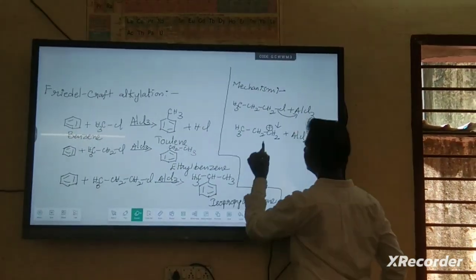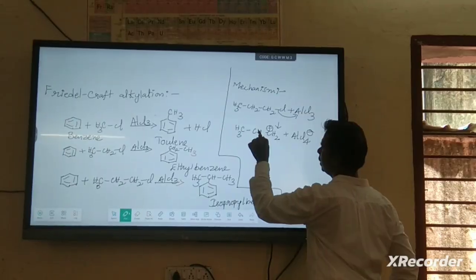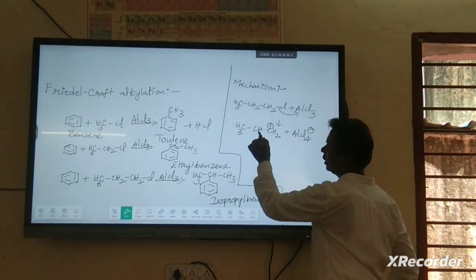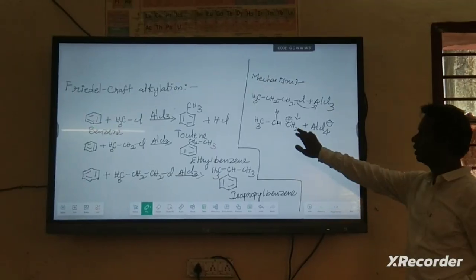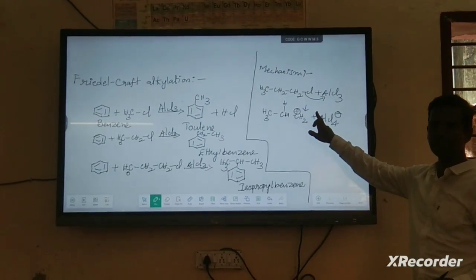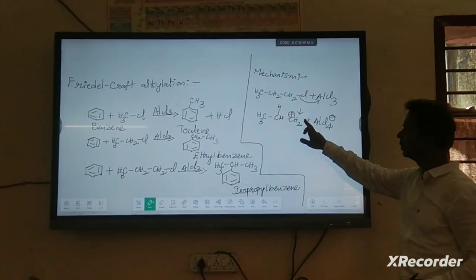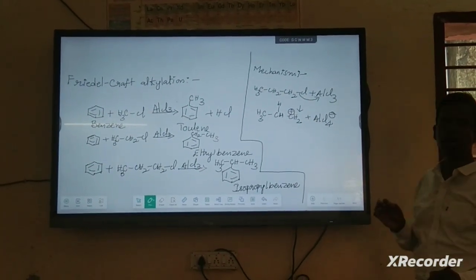Right? Now here what happens? Two hydrogens are there now. Now this is the cation. The positive charge is present on the carbon, so it is the carbocation.